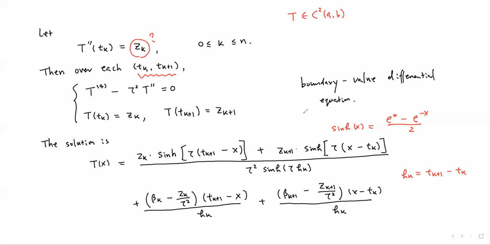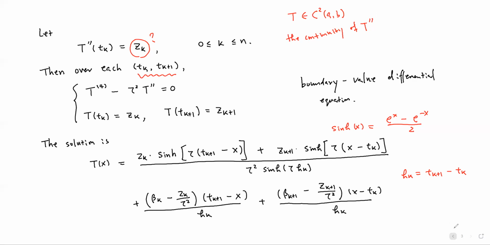Up to this point, we have used the continuity of T second derivative, because the second derivative at tk is equal to ck, and these conditions imply its continuity.